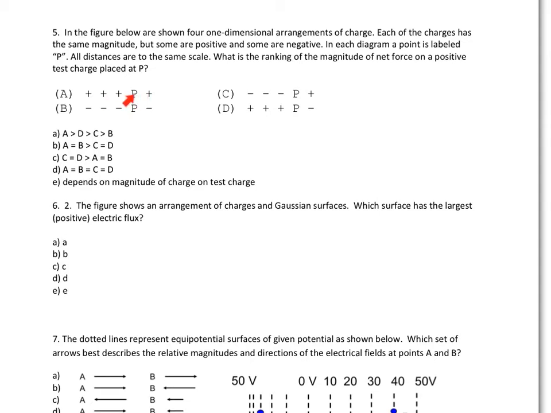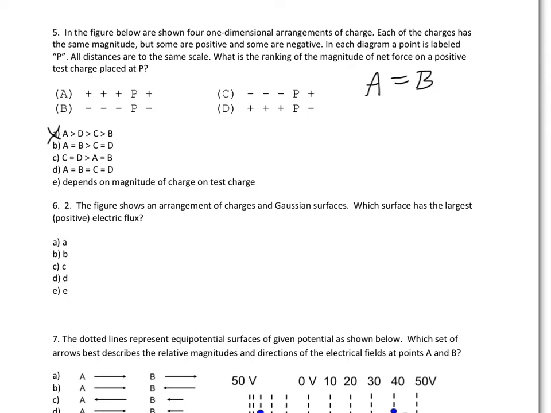Well, they cancel because the force that each of this point and this point exerts cancels. Likewise here and here. So if you look at these two push to the right, and these two pull to the left, but they both have the same magnitude. So we know that, for one thing, A must equal B. So that immediately eliminates some answers here. Eliminates, well, one answer. Okay, what else?